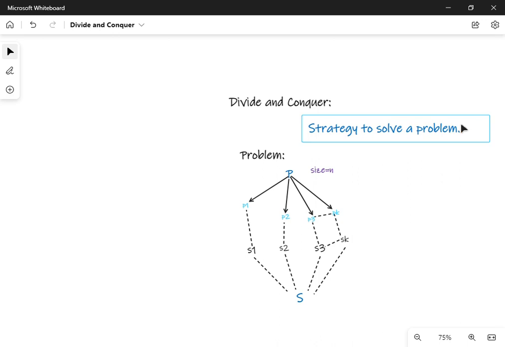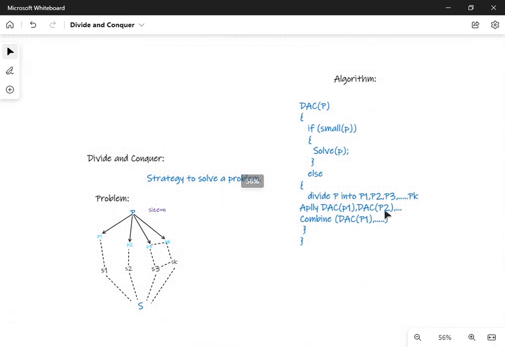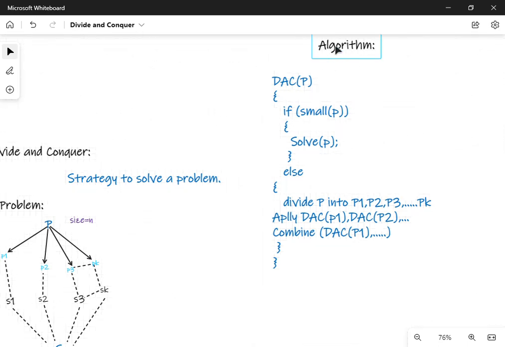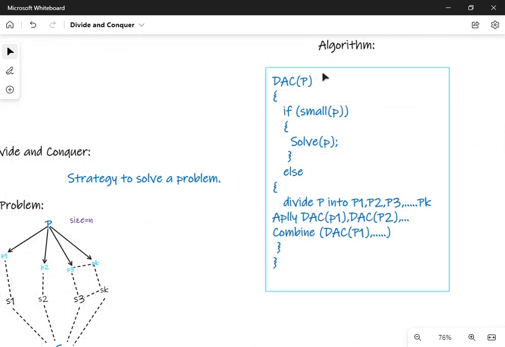So now we are going to discuss the general method for divide and conquer. Here it is. The algorithm of divide and conquer says DAC(P). It means divide and conquer the problem. If the problem is small, then just solve it.